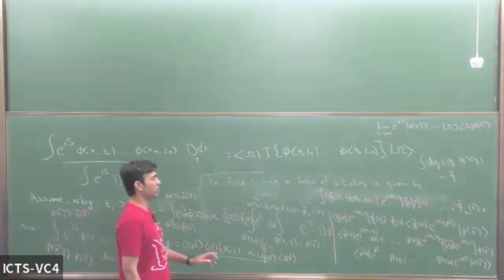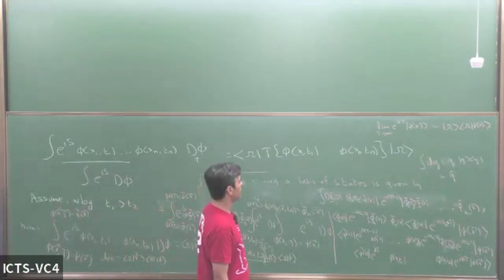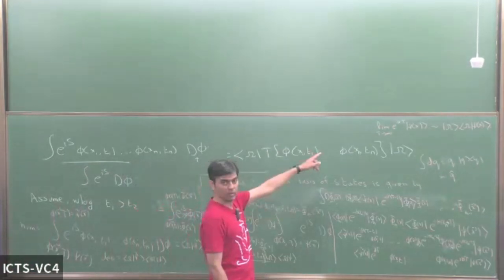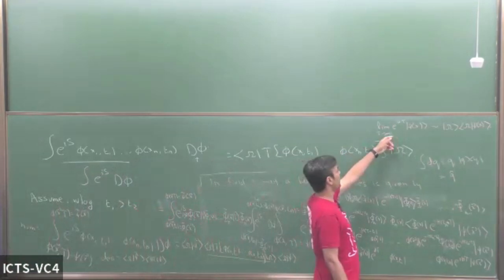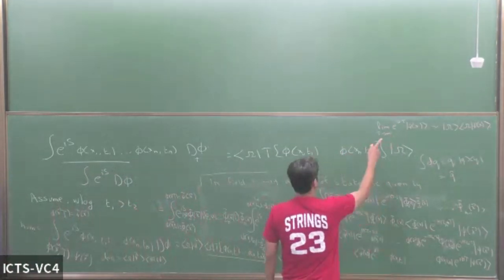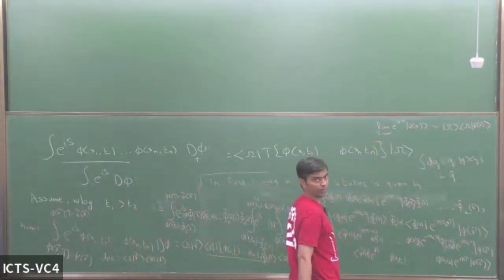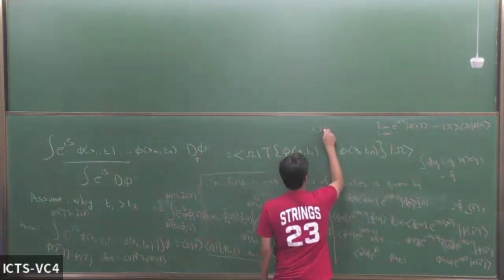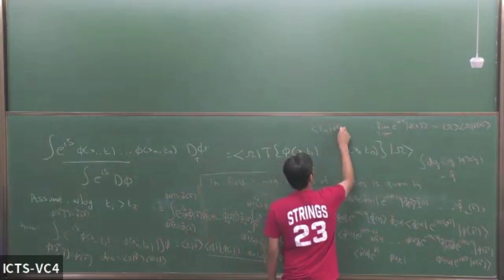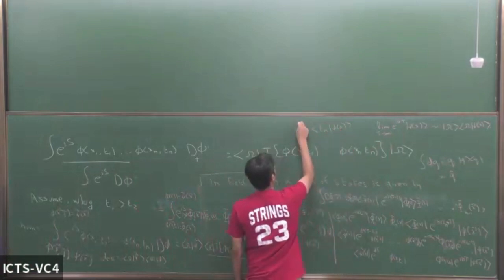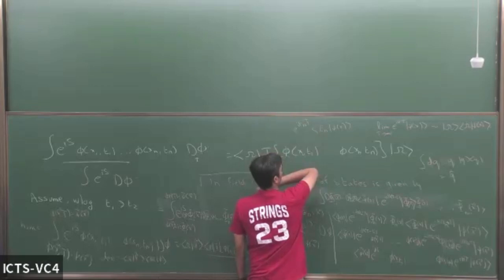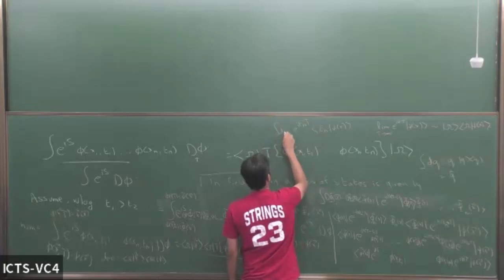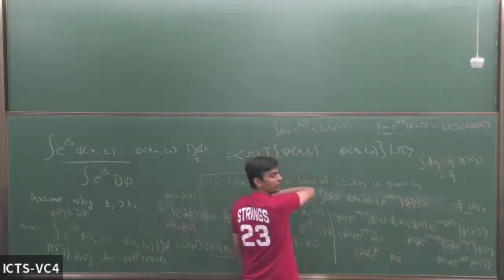Why are we writing what in terms of what? This one comes because, let's say you insert a complete set of eigenstates here. Then what will happen is this will look like some integral over this.